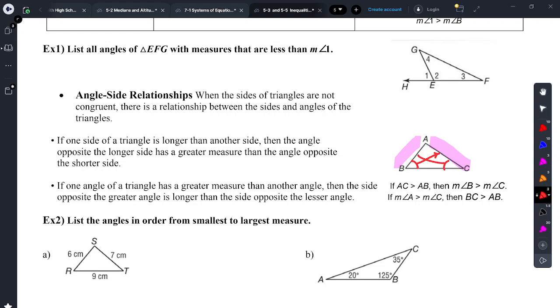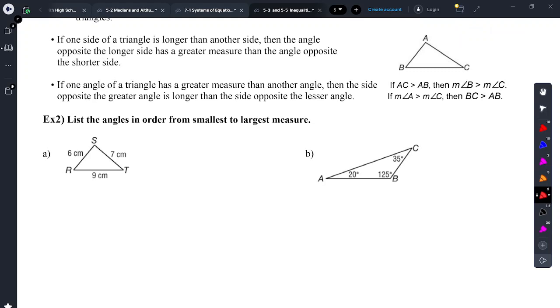So that's the side angle relationship. The bigger the side, the bigger the angle. Logical? Yeah? So if you know that this angle is greater than this angle, then you know that this side is greater than that side. That's the angle side relationship, okay?